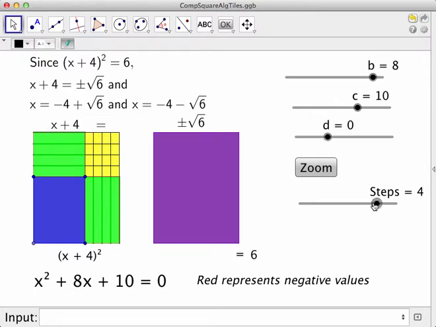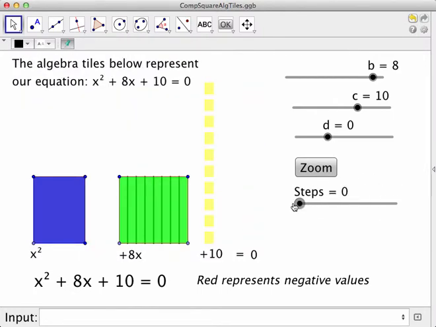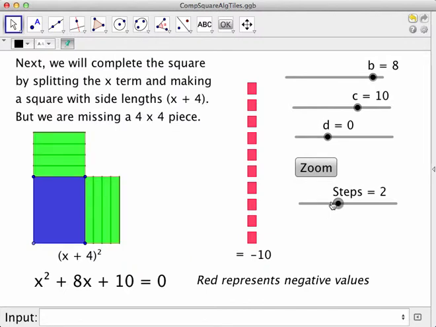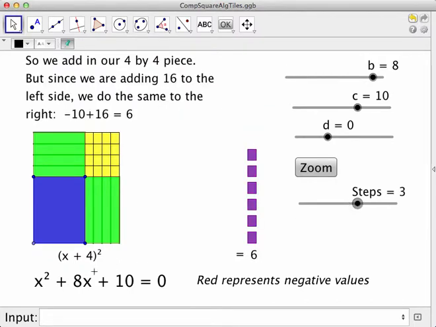Okay, so let's think about the process we went through again here. The first thing we did was we subtracted 10 from both sides. So the number on the right here, the first thing we did to get it was to subtract the 10 from both sides. The next thing that we did to change the number on the right side was we added 16. So we took half this number, the 8, and we squared it.